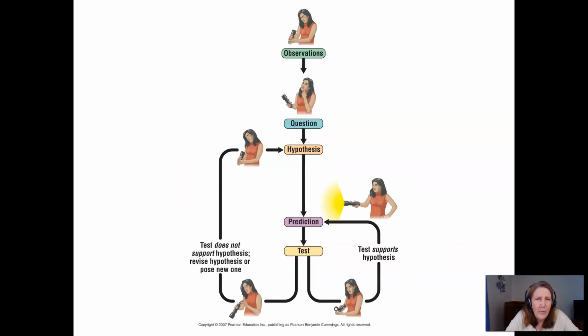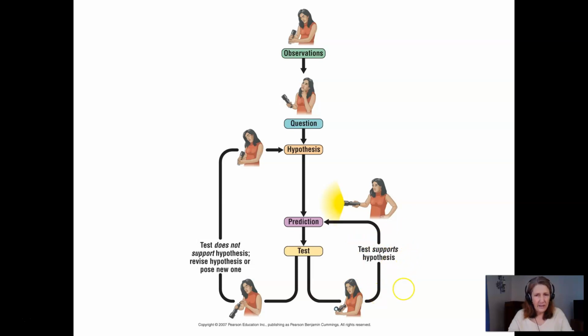Here is an example in real life where we've got a woman with a broken flashlight. She makes the observation, my flashlight is broken. She asks the question, why is my flashlight broken? The hypothesis would be, I wonder if the batteries are dead. If I replace the batteries, then the flashlight would work.